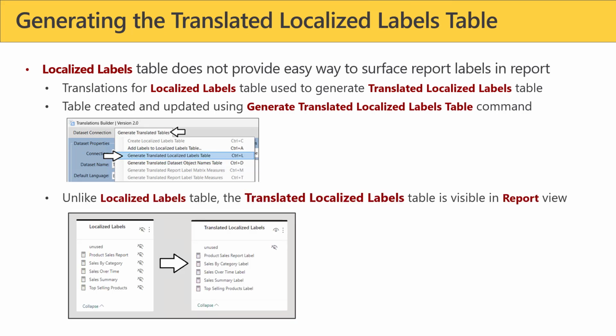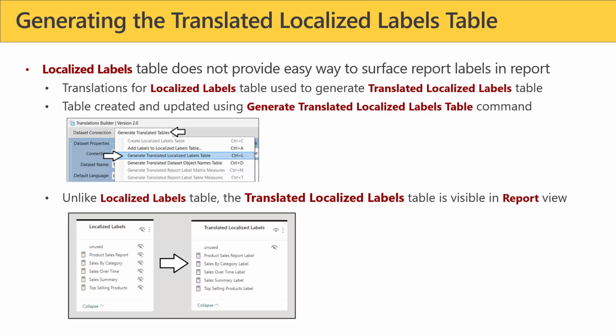And the idea is when you generate that, it is going to execute code that looks at the translations for the measures and the localized labels table. And then it will build a measure for each of those report labels.